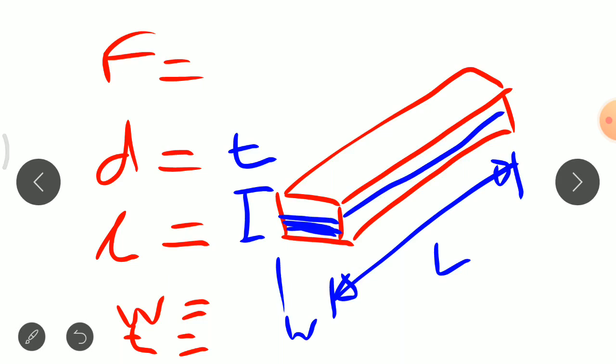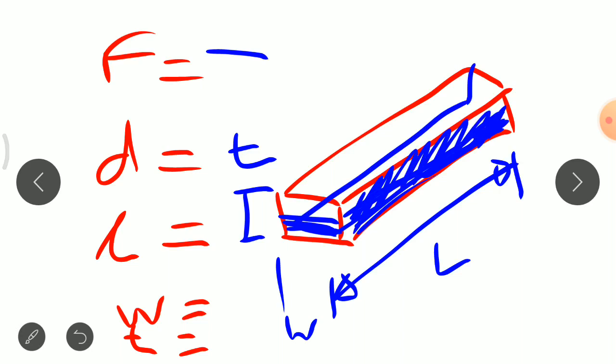This half portion is inserted in the shaft and the remaining is inserted in the hub section, and the force F is applied from this side when the shaft rotates in the clockwise direction, or we can say in this direction also.